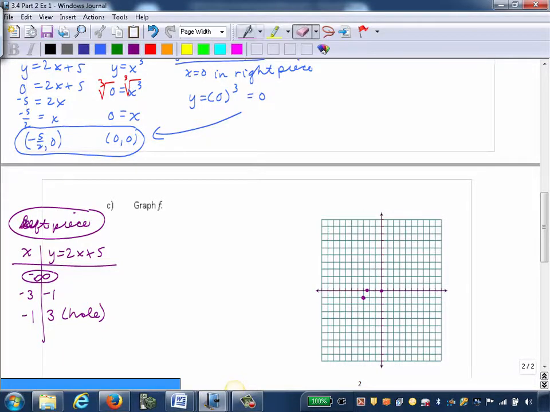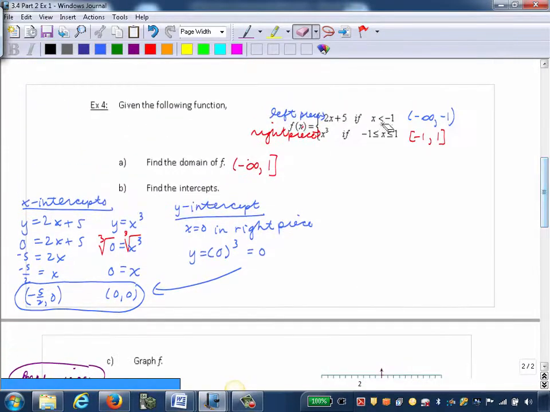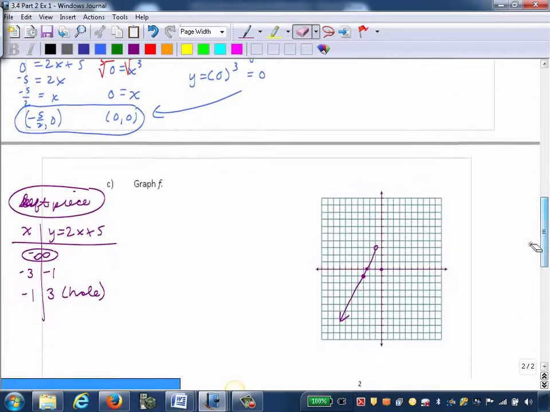That should be the open circle at negative 1, 3. This piece goes infinitely to the left because there wasn't a left endpoint, it was from negative infinity. It goes as far right as negative 1, 3, and it's a hole there because there's no equal sign on this inequality. So there's my left piece.